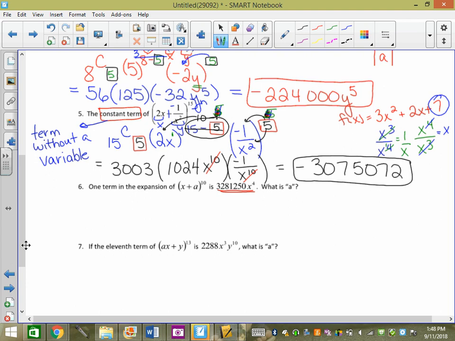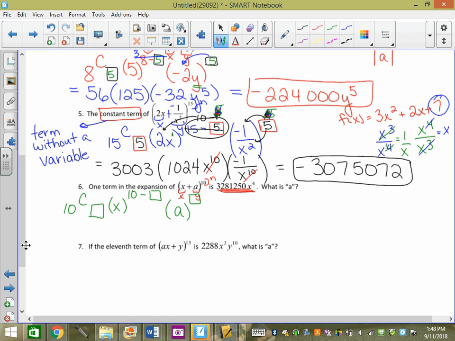So let's fill in what we do know. We know that this is x, this is y, this is n. This is answer. Right? So let's fill in what we do know. We know we have 10c box, x to the 10 minus box, a to the box.